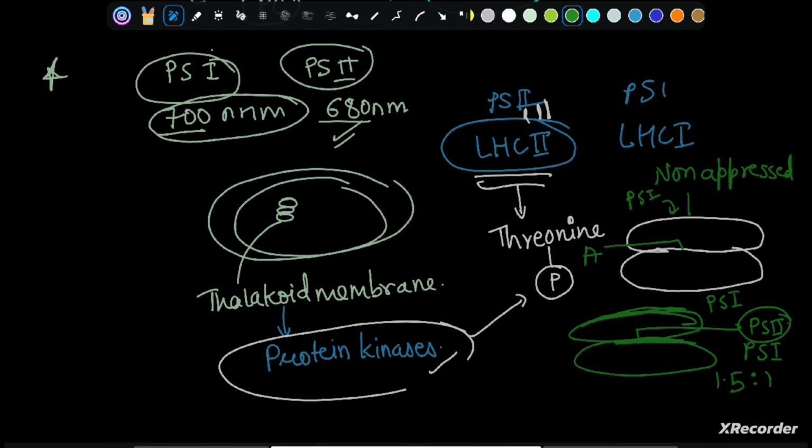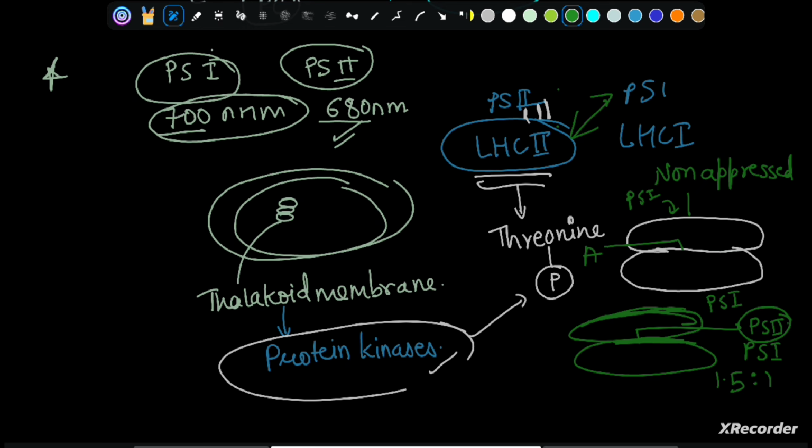Now from this appressed site, the LHC2 will start dissociating, because previously LHC2 was associated with PS2 in the appressed side, so it will slowly start moving outwards near the grana, and when it is phosphorylated it will get associated with PS1.